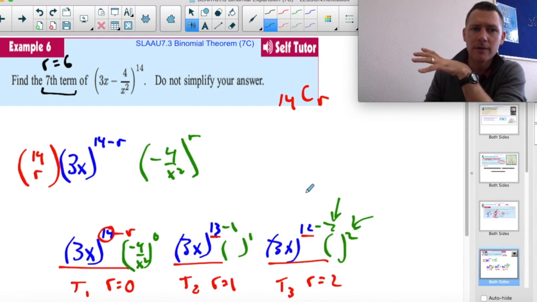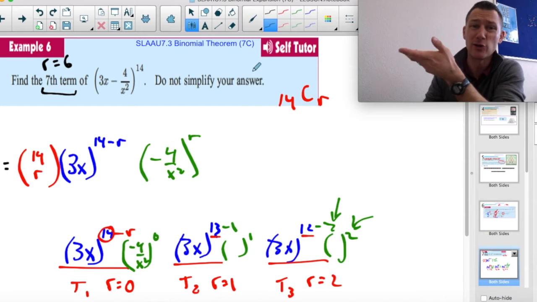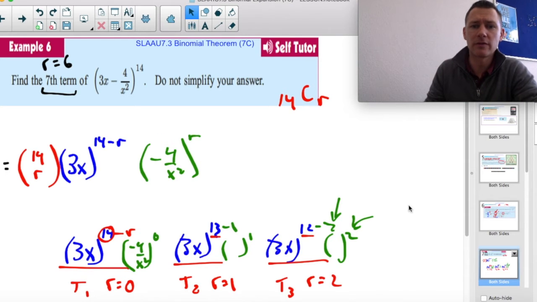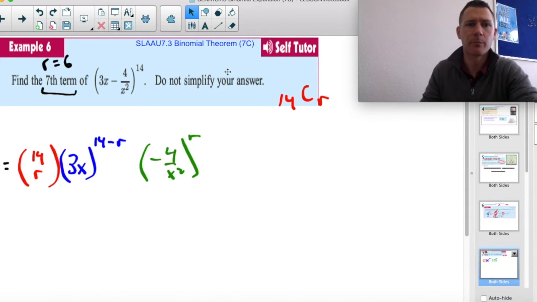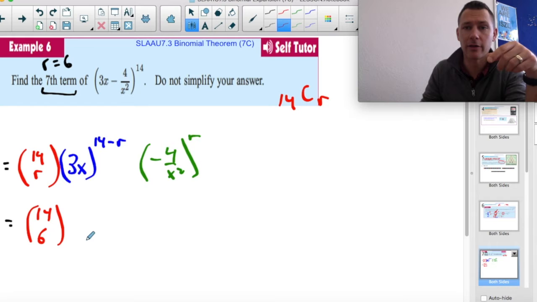So I'm going to put 6 into all of these. This is what any generic term is going to look like based on r, if I knew r. They told me one specific spot that I'm looking for, so I can put in r. So this is going to be 14 choose 6, because the 7th thing I see has an r value of 6.